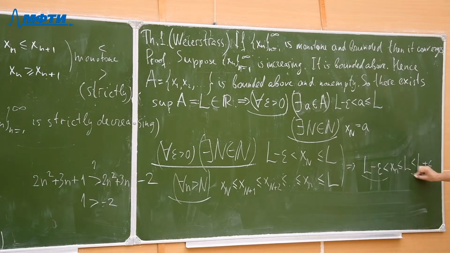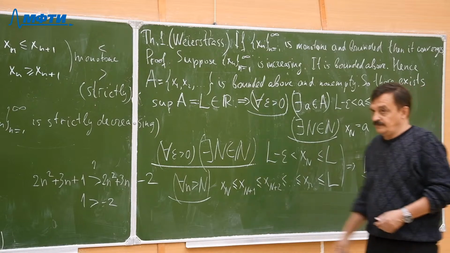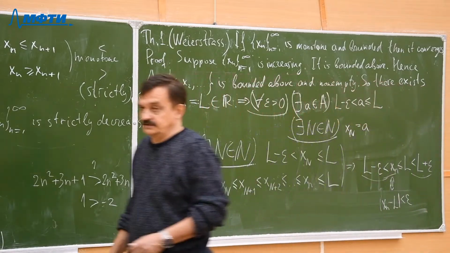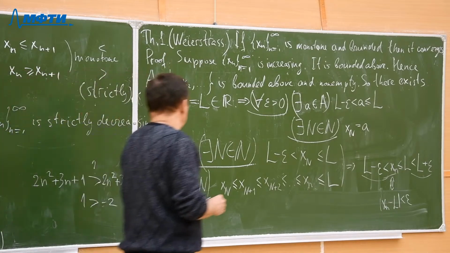The last inequality is equivalent to xn minus L less than epsilon. The last, this double inequality. That's the end of the proof.